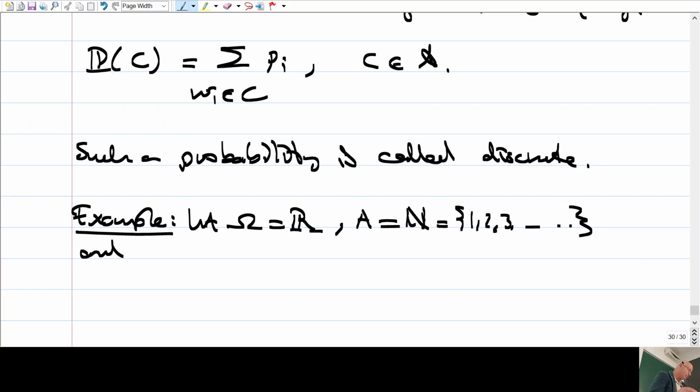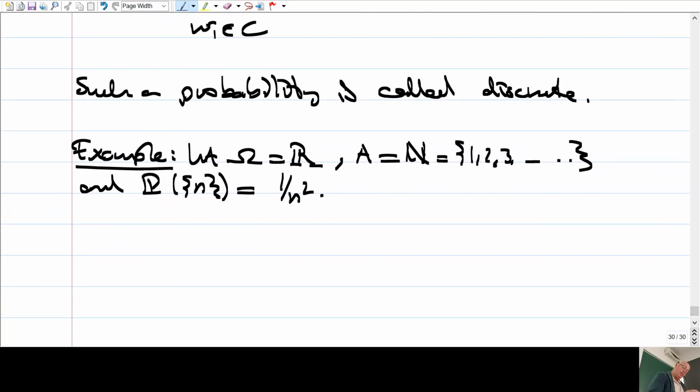And let P be the measure on this subset defined by this. So the measure of the singleton {n} is 1 over n squared.